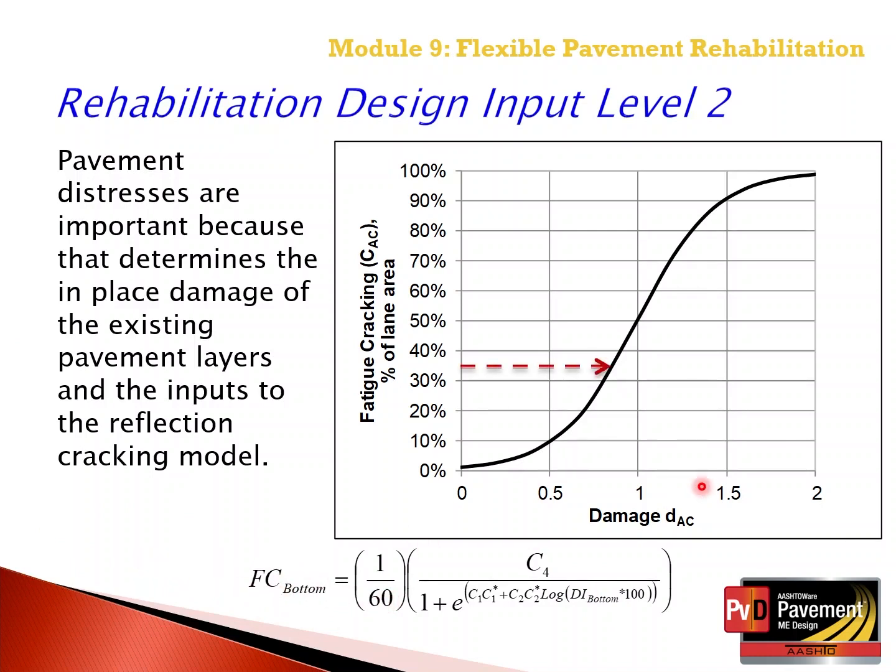So if we have 35% total lane area of bottom-up fatigue cracks, then that relates through to a damage index through our calibration relationship of bottom-up fatigue cracks as a function of the damage index. And so the amount of cracking measured at the surface then defines the damage index.